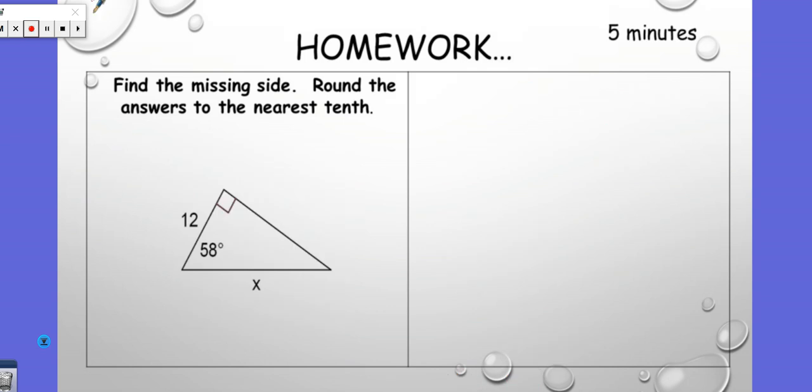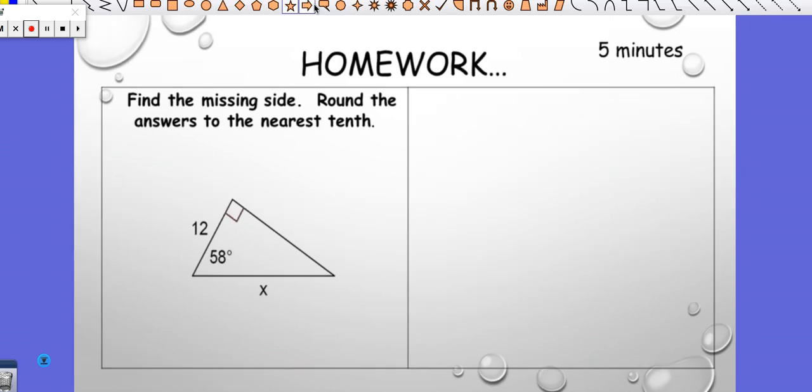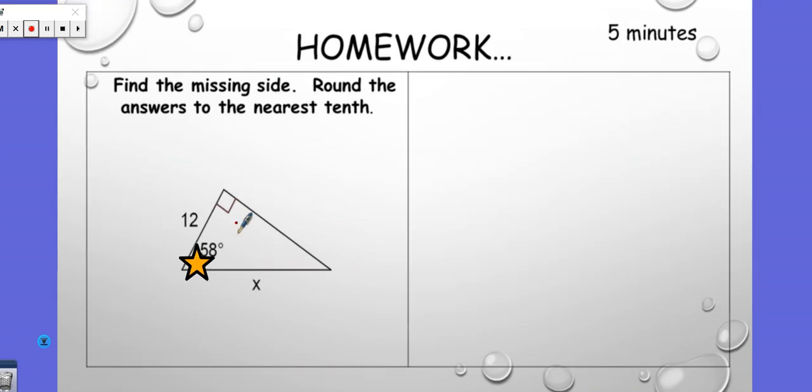Okay. Next one, we're going to solve for the missing side. I am going to put my finger on 58. The side across from x is my hypotenuse. The side next to it is the adjacent.